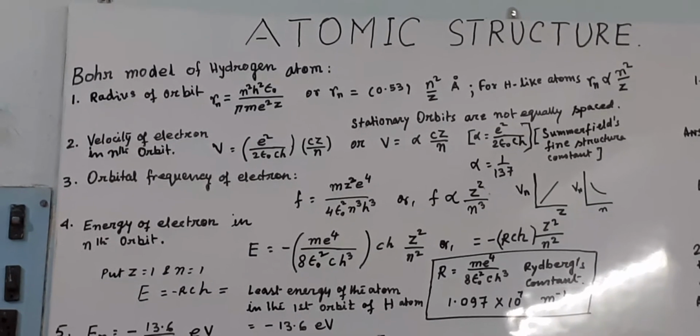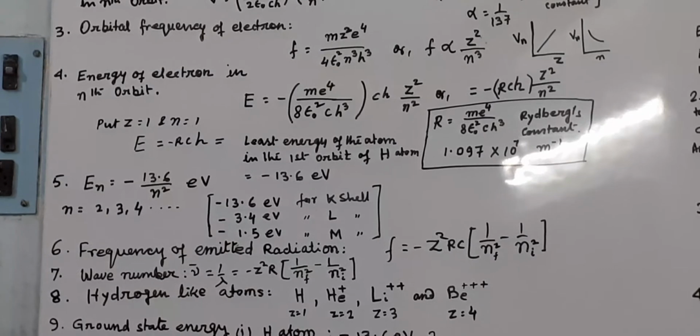Now, orbital frequency of electron. Orbital frequency of electron f equal to m z square e to the power 4 over 4 epsilon naught square n cube h cube, or f is proportional to z square by n cube.